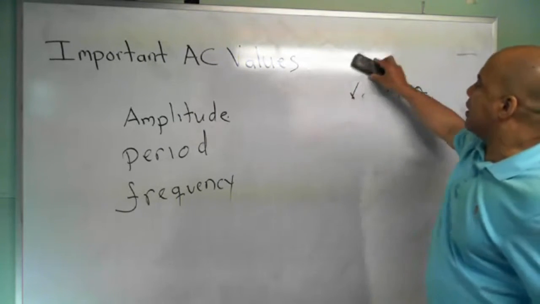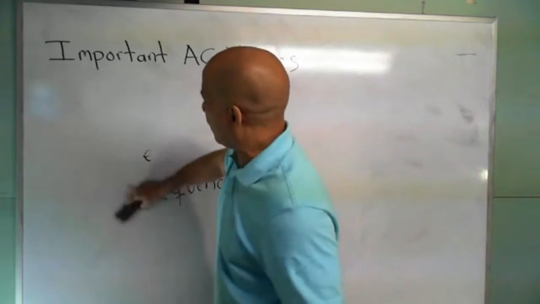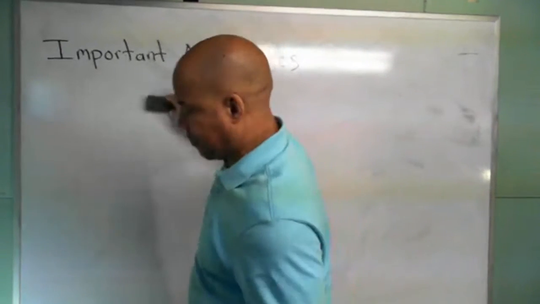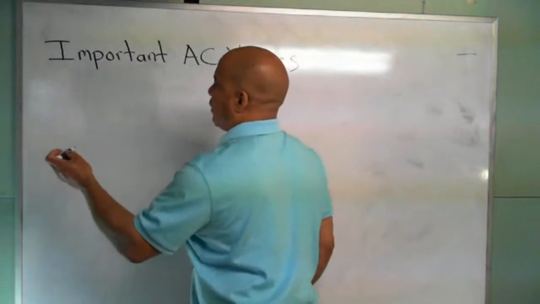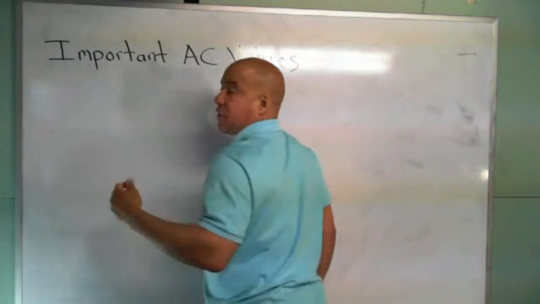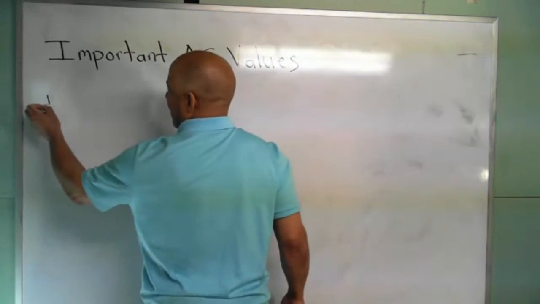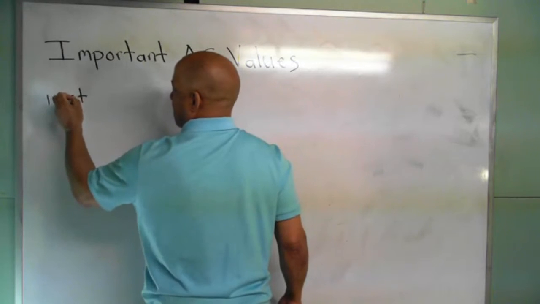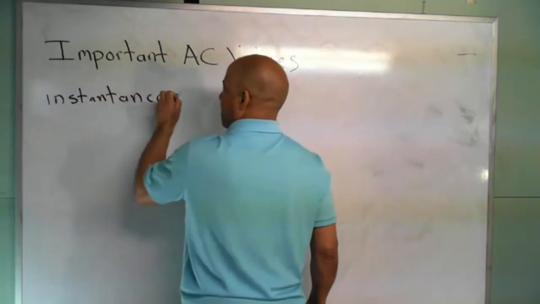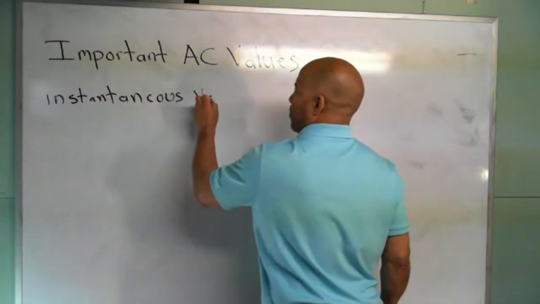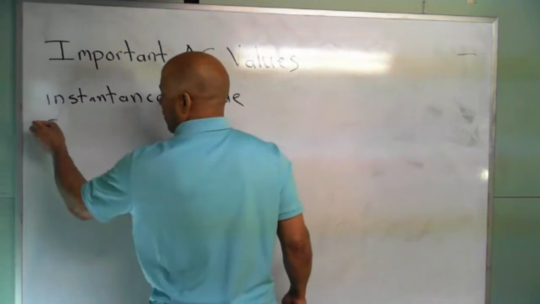So let me list them. I think I ended the last video with these values, so I'm going to start this video with the same thing. Here is the list of the important AC values that I expect you to know. I'll write them out first. So it's the instantaneous value. There's the peak value.